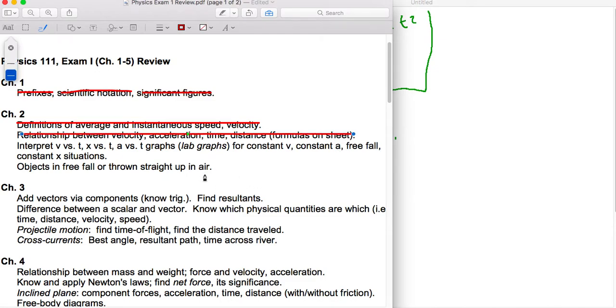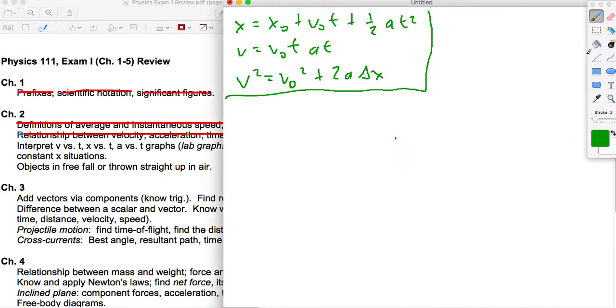Interpret v versus t, x versus t, and a versus t graphs. So lab graphs, this comes with the lab, for constant velocity, acceleration, free fall, and constant x situations. So let's just cover that really quickly. All right, actually I might need these formulas.